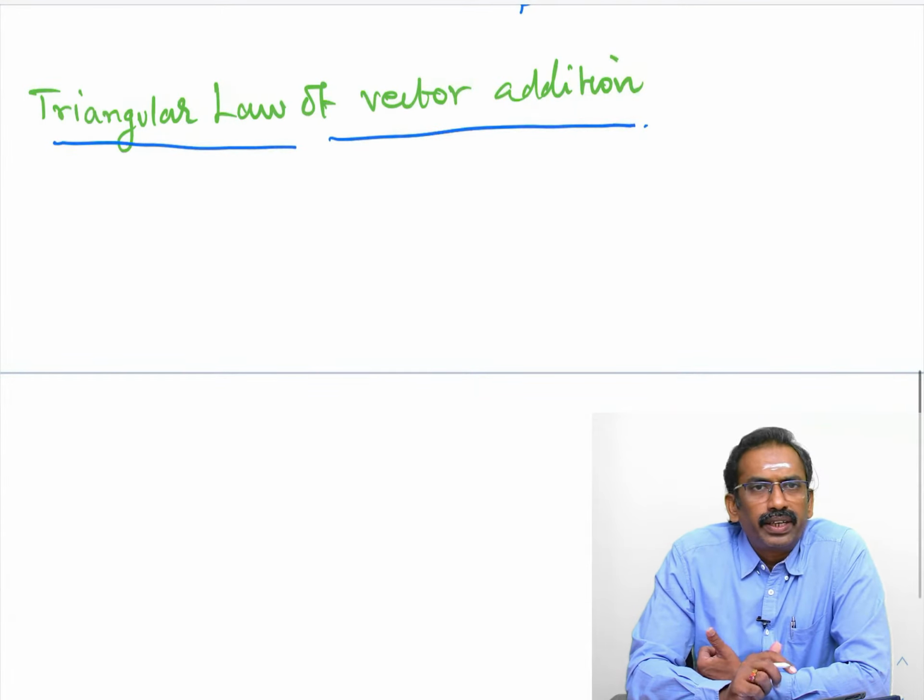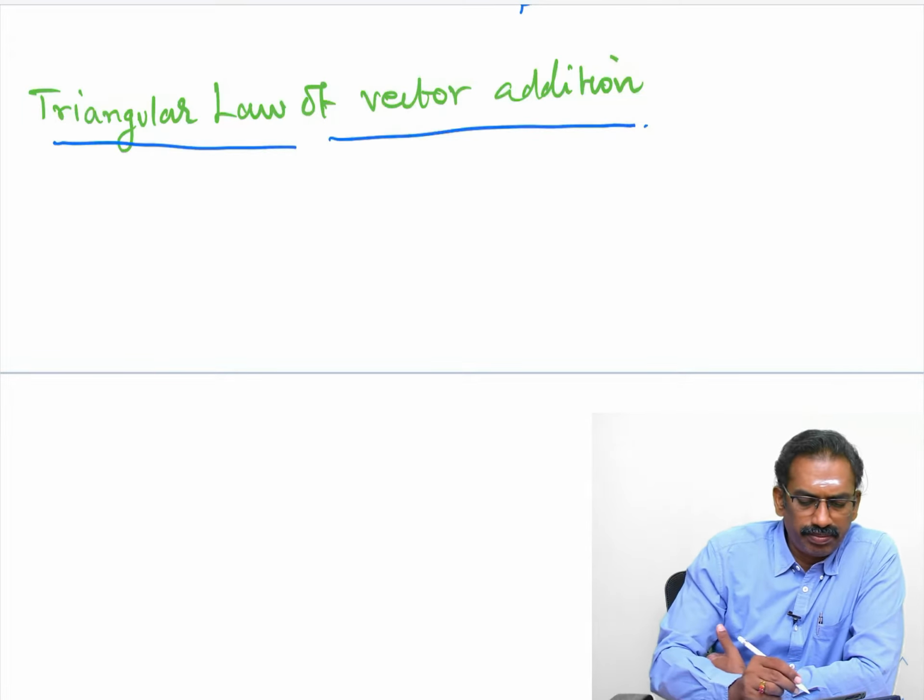At a given point, there are two vectors acting, A vector and B vector.